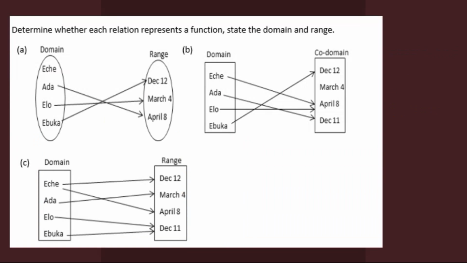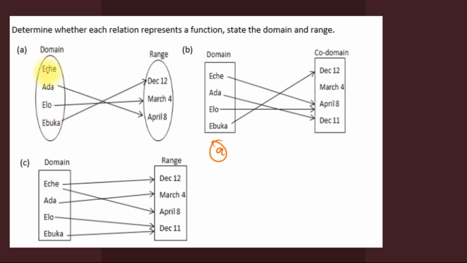So look at this question. Determine whether each relation represents a function and state the domain and the range. Okay, look at the first one. If you check, you see that this is not a function.